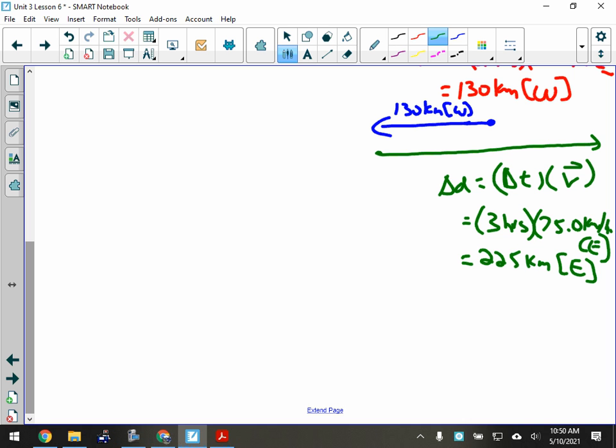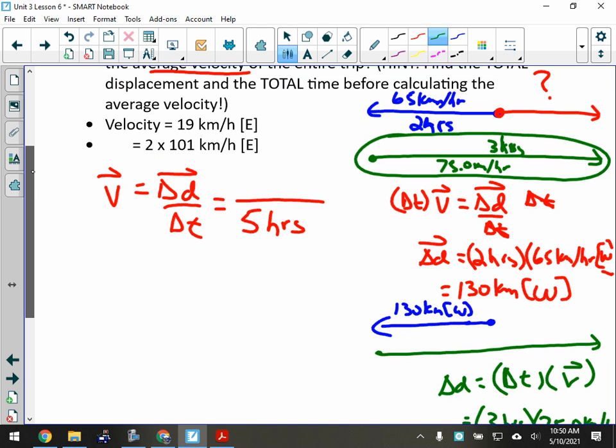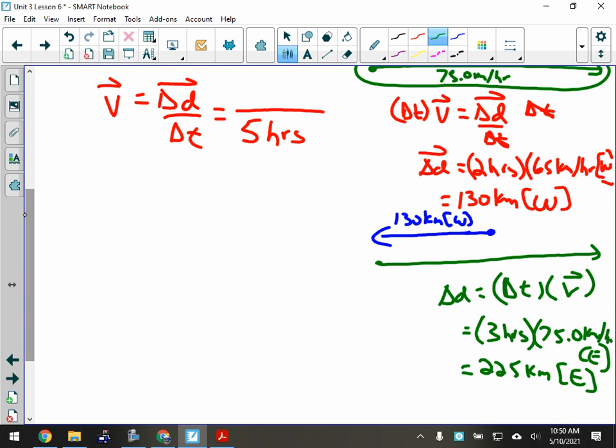Okay? So now, remember, I want to find out this red section there, that question mark part, right? And to find that out, I now have two displacements. I got my blue one here, which is going west, and my green one here, which is going east, and by the way, that was 225 kilometers in the east direction.